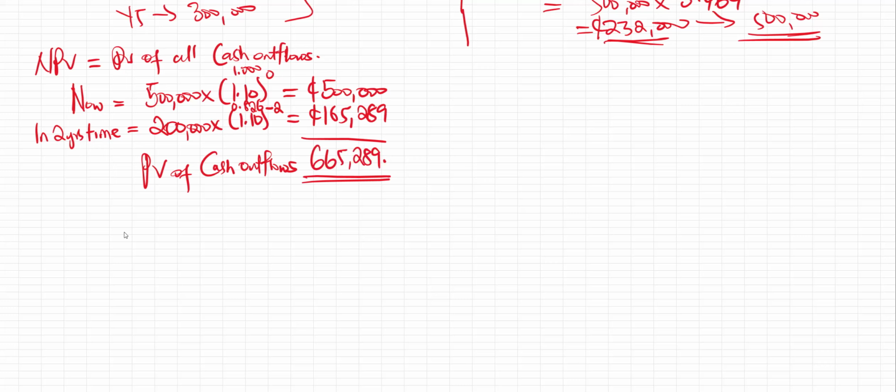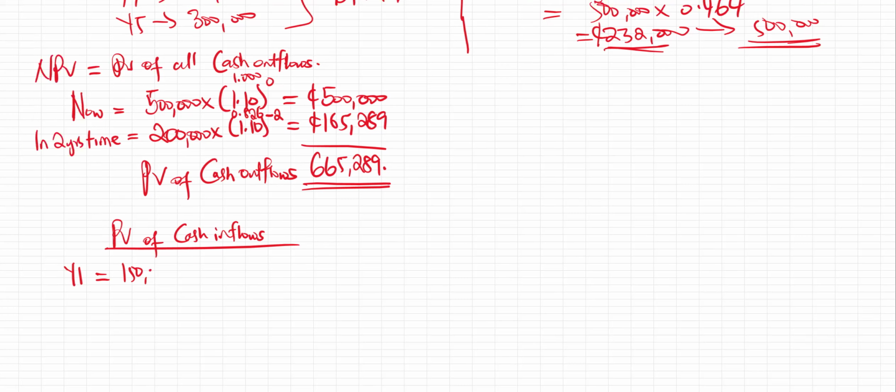Now we need the present value of cash inflows. We know that in year 1, we received 150,000. So 150,000 multiplied by 1.1 raised to the power minus 1.